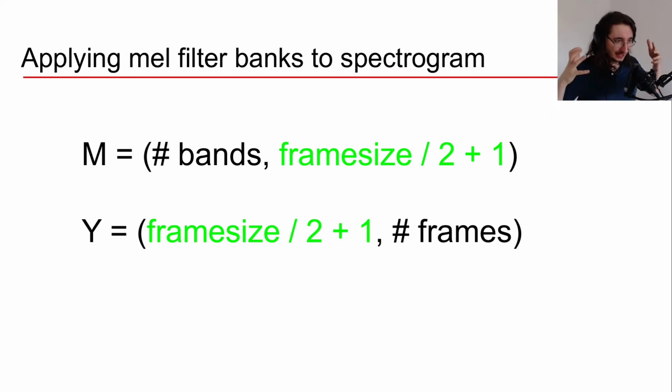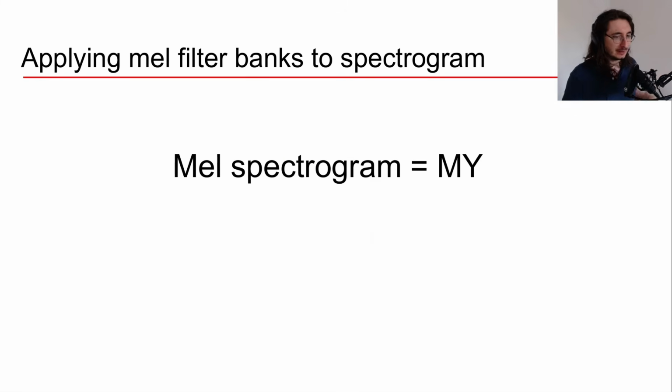Okay, so in other words, applying Mel Filter Banks to spectrograms from a mathematical standpoint means doing matrix multiplication between the Mel Filter Banks and the spectrogram. The result of this multiplication is the Mel spectrogram.